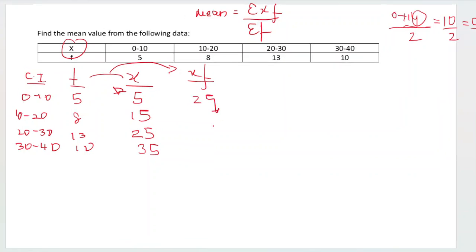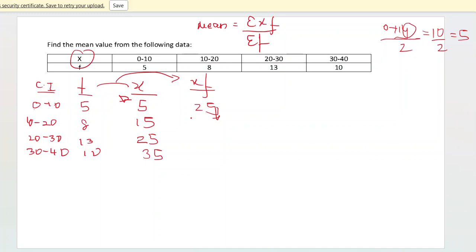So 5 5s are 25. 15 8s is 120. 13 into 25 is 325. 35 into 10 is 350. I'm really sorry for this error.